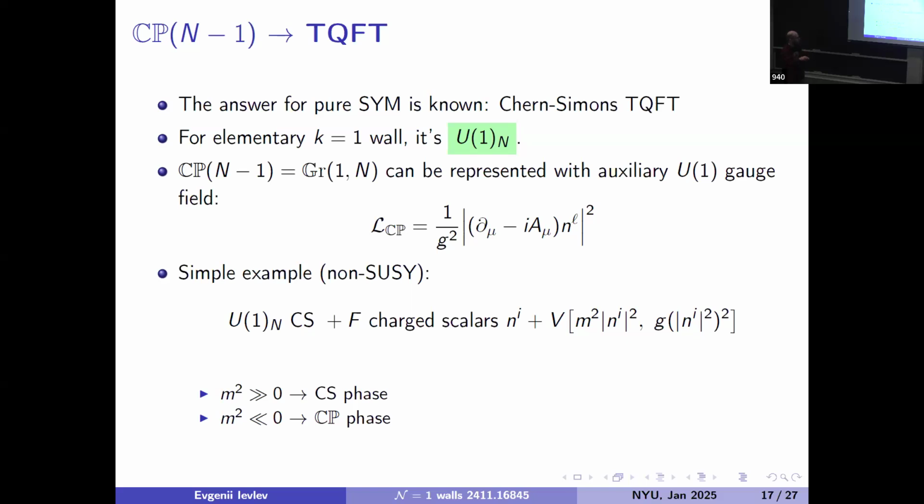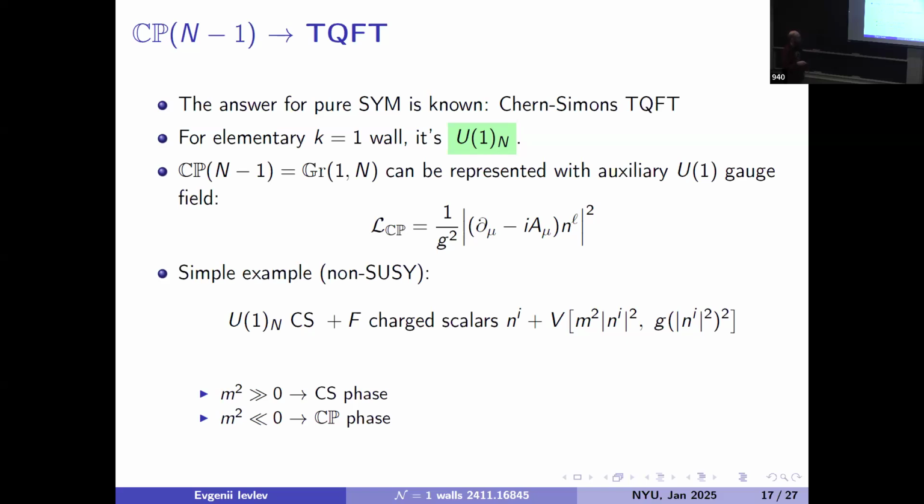You can study two limits. If this potential forces n to have certain vacuum expectation values, then the gauge field becomes massive. You can forget about the Chern-Simons term, and you recover this CP^1 sigma model.